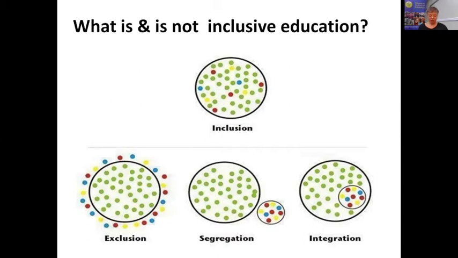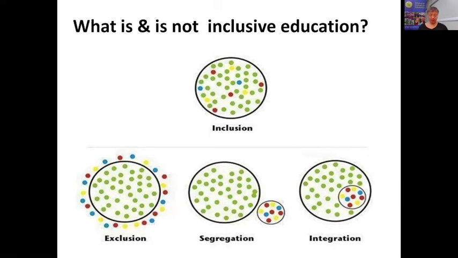I am now going to explain what is meant by segregation. It occurs when disabled pupils and students are being educated in segregated settings assigned for disabled people with impairments in mind, isolated from their non-disabled peers.